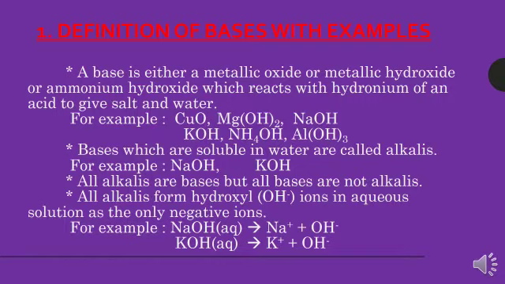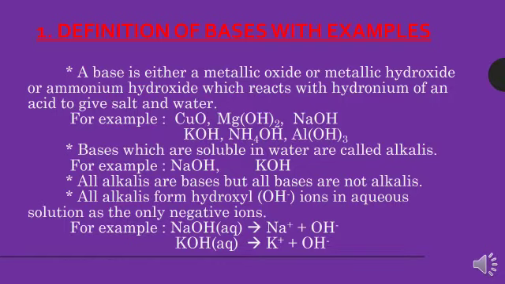Bases which are soluble in water are called alkalis. For example, sodium hydroxide and potassium hydroxide. All alkalis are bases, but all bases are not alkalis because some bases are not soluble in water.